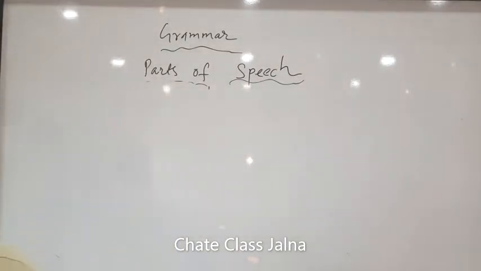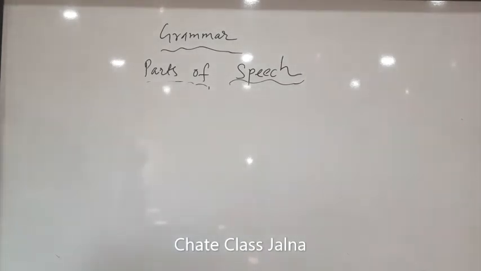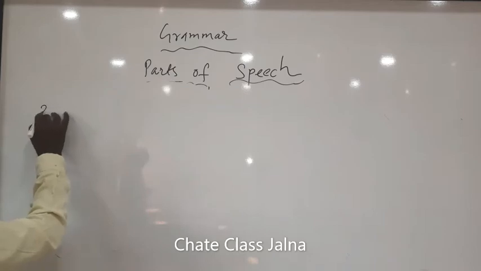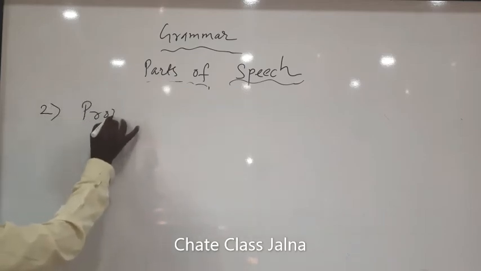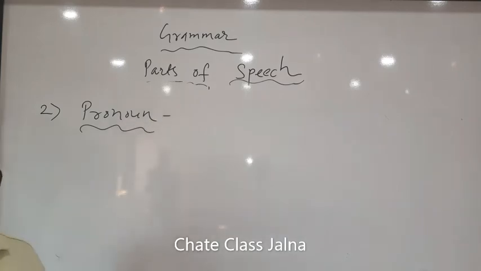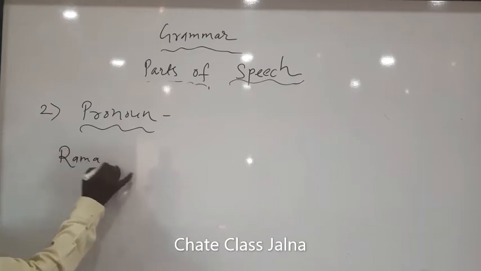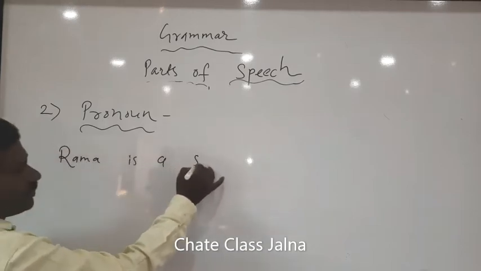If anyone is having problem regarding these terms, can ask me here. Second one, parts of speech is pronoun. I am here to write one sentence here. Look, Rama is a student.